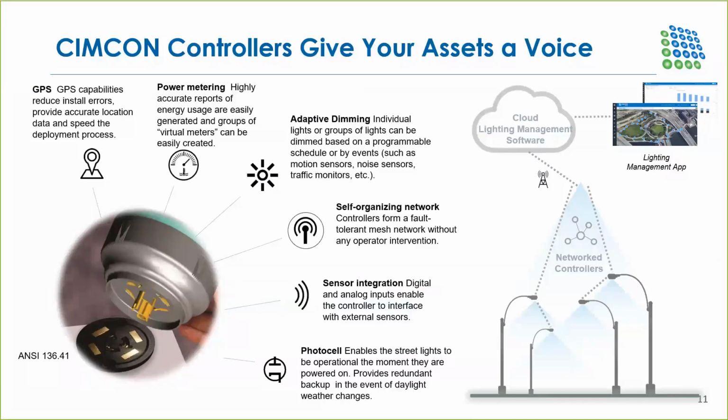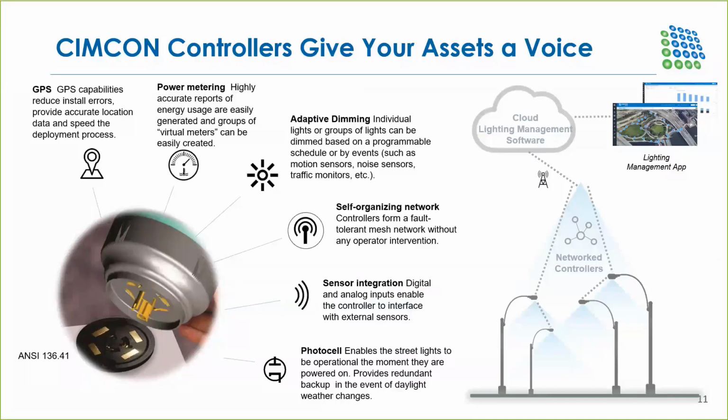One of the key energy savings aspects of our system and network is adaptive dimming: the adaptive scheduling of luminaires so that they can dim at certain hours during the given day or night.